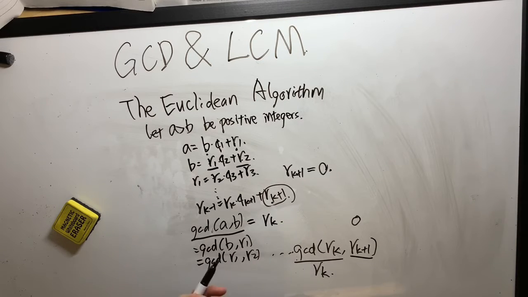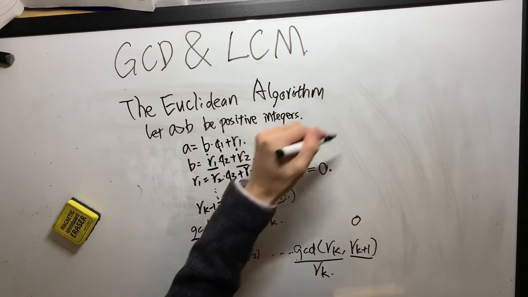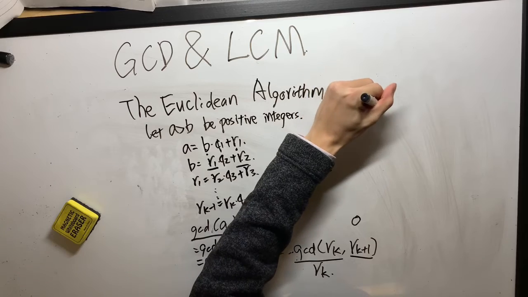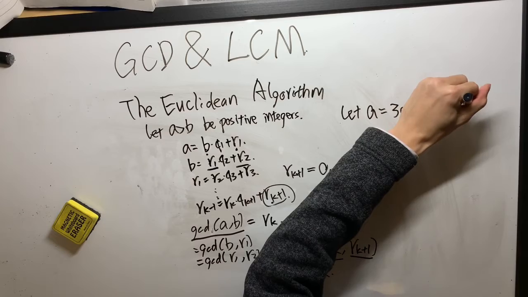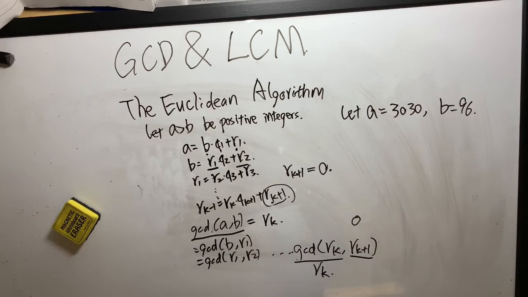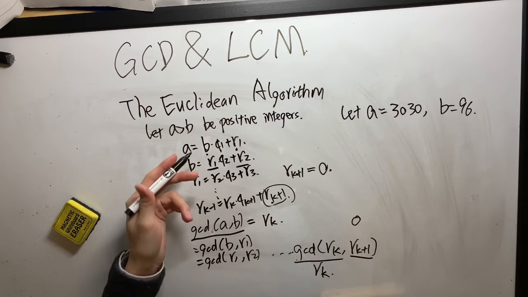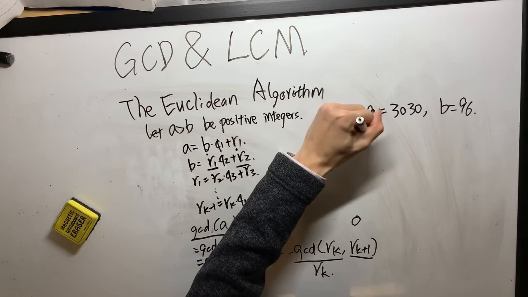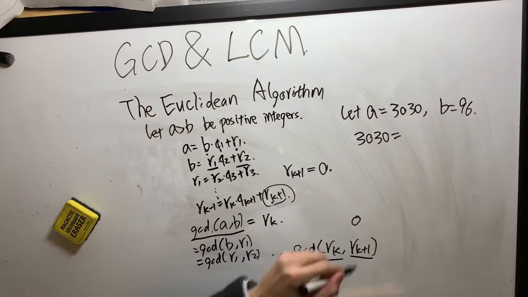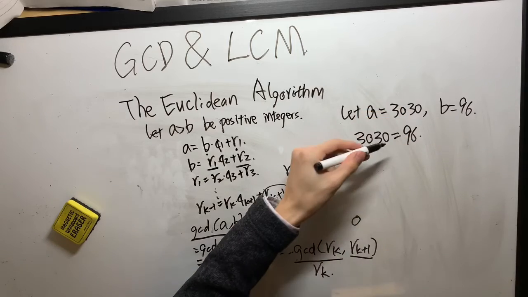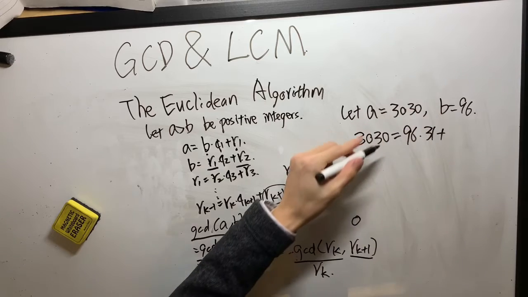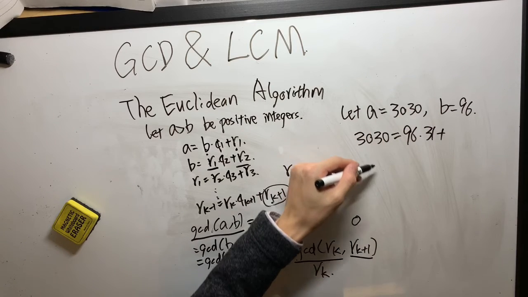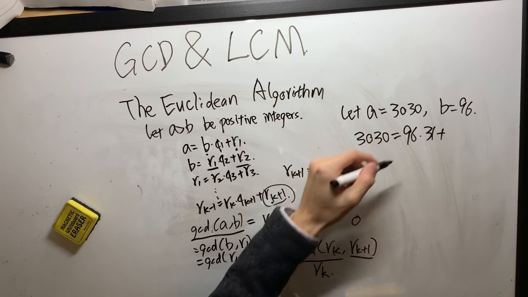You can see some examples. Let's take random numbers, for example A equals 3030 and B equals 96. Let's follow the steps of the Euclidean algorithm. First, 3030 equals 96 times 31 plus 54.